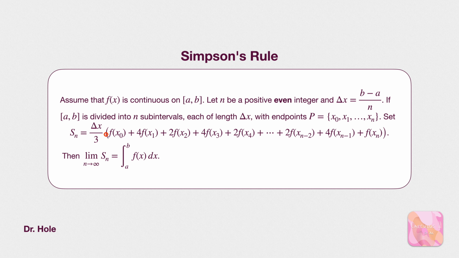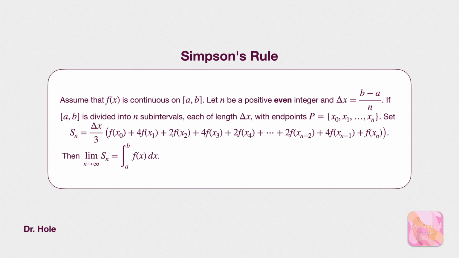And then we have the curious situation that the left endpoint height and the right endpoint height appear with coefficient 1, but then counting by 2s, the middle height appears with a coefficient 4, and then the right height appears once for the first pairing of 2 subintervals, but it appears a second time for the second pairing of 2 subintervals, so it picks up a coefficient of 2. And then f at x3 will be the middle height in the second pairing of two subintervals, and so it has a 4 on it.